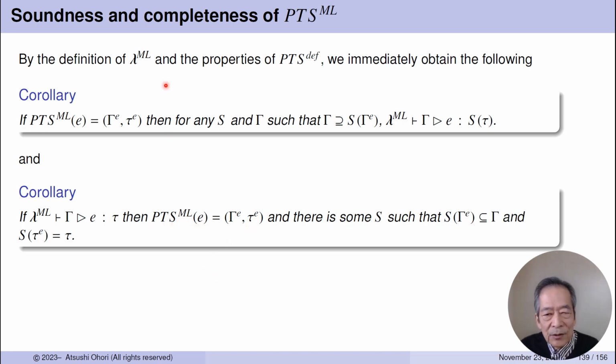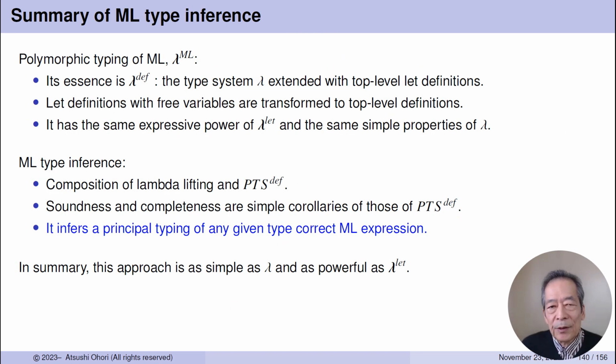These are just simple corollaries, nothing to be proved, by construction of this type system and the construction of this type inference algorithm. So we have completed the definition of ML type system and ML type inference algorithm.